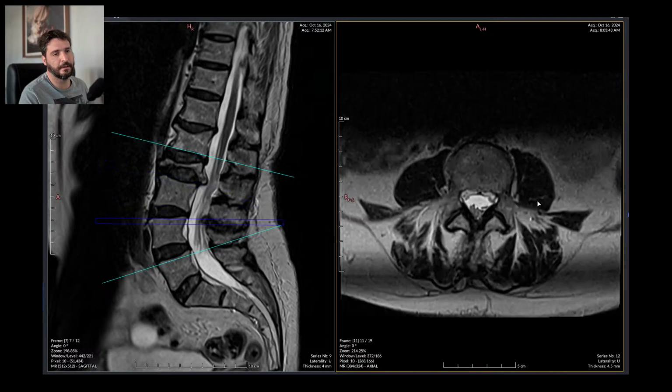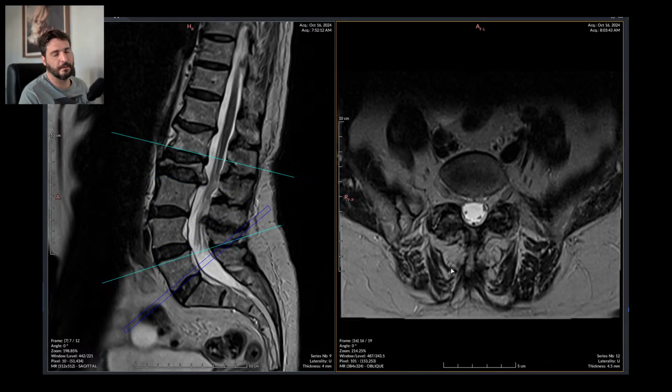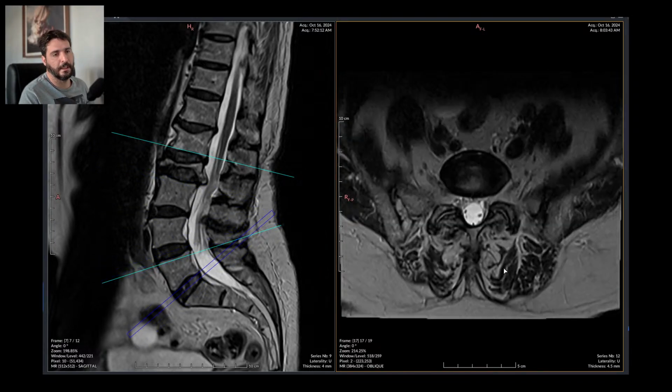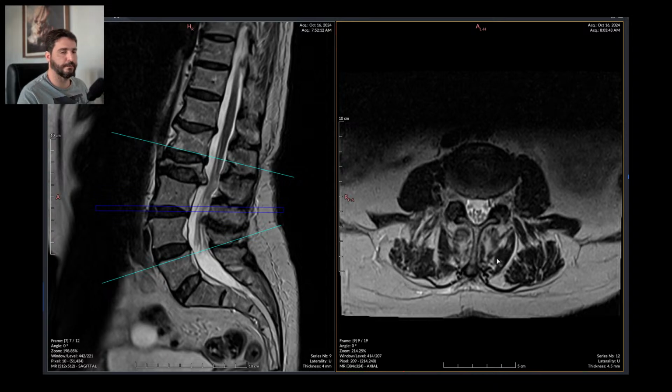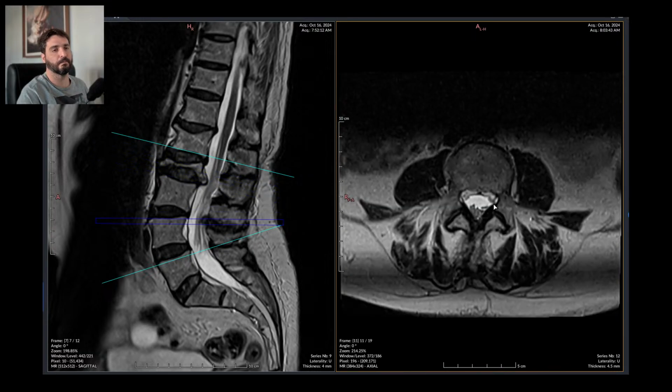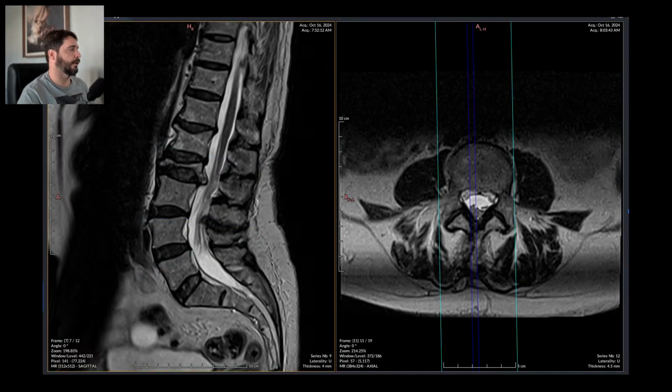Also, there are clear signs of muscle atrophy and fat substitution. This is of course caused by chronic denervation of such muscles. So let's grab a template. I have a template for this, of course. I'm just going to add in the fractures.